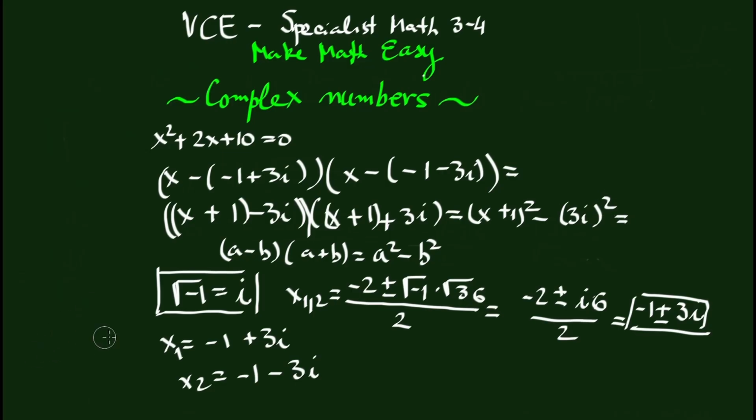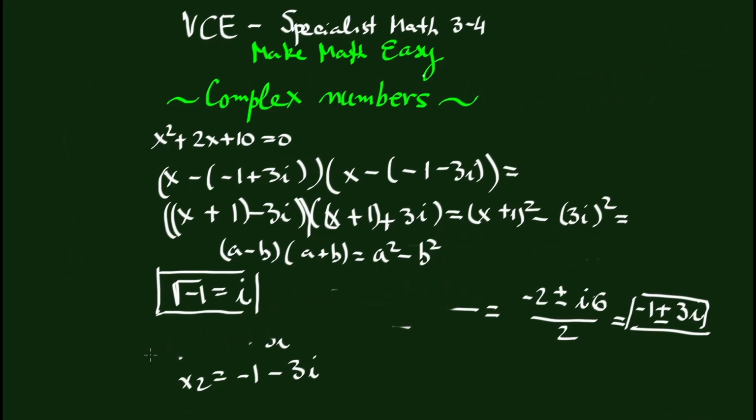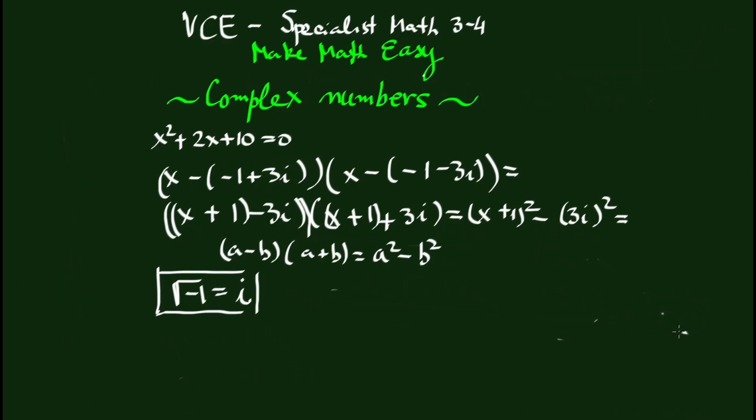So let's continue that further down. So x plus 1 squared, that's first squared plus 2 times first times second plus second squared.